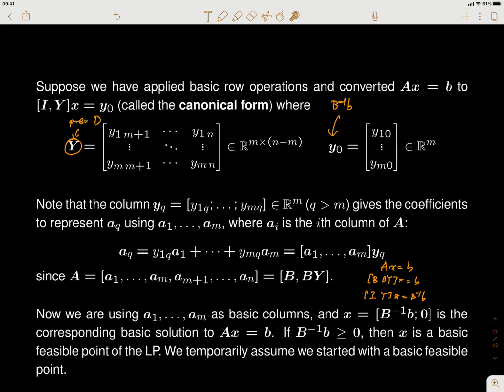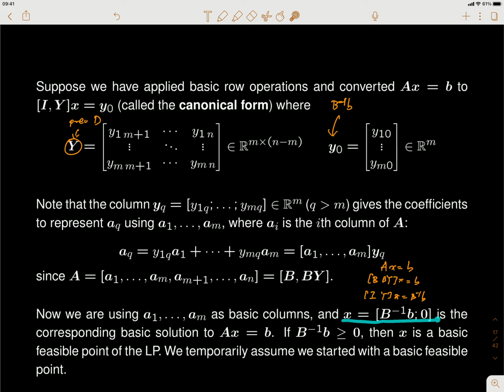And say if this vector x is already greater than or equal to 0, non-negative, or in other words, this part is non-negative since the rest is already 0, then this x is already a basic feasible point. Because on one side, it satisfies Ax equals b and is greater than or equal to 0.